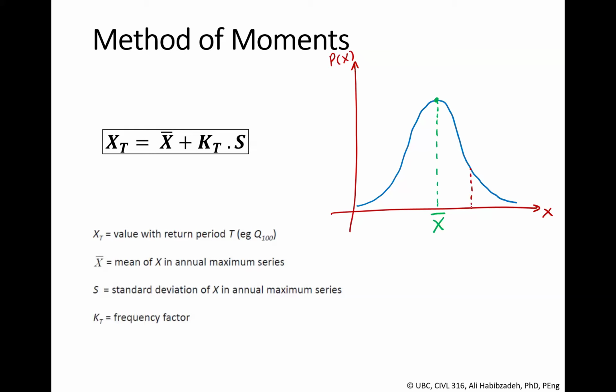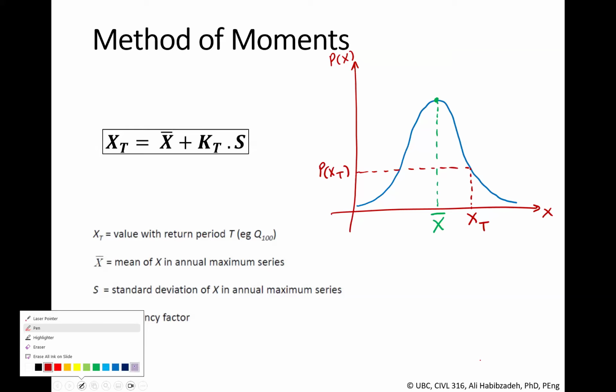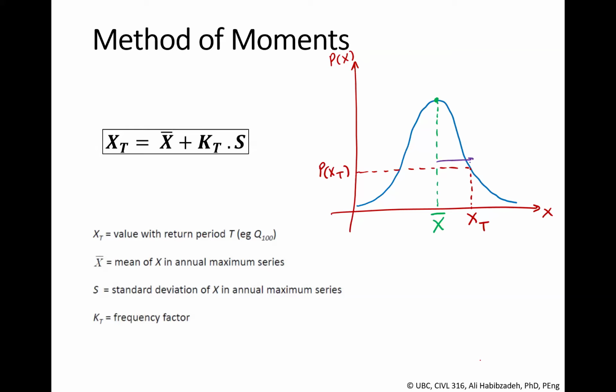So we could say at xT, okay, we are here. The probability of xT is right here on the graph, and it's located at a distance of this much from the mean, from x bar or mu. And this distance, for simplicity, we typically say, let's say it is a coefficient of KT times the standard deviation of the data. So S is the standard deviation.